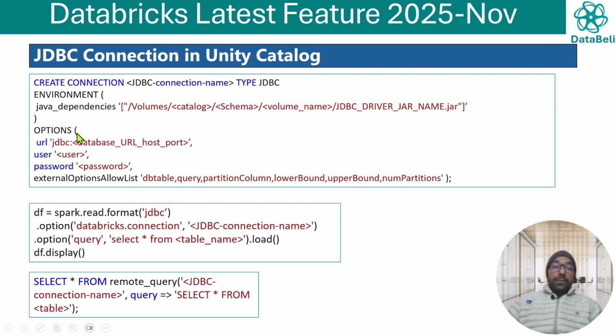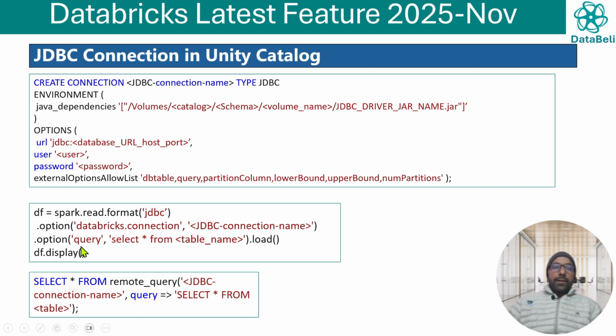And then in the options we specify the URL of the JDBC, then username and password and some other options, like what all things we want to allow. We create this connection once, and whatever name we provided here, that name will be used in the code.